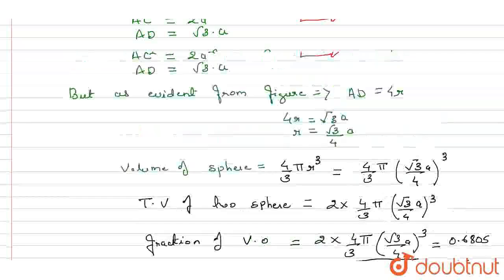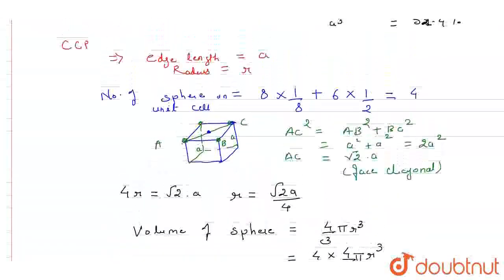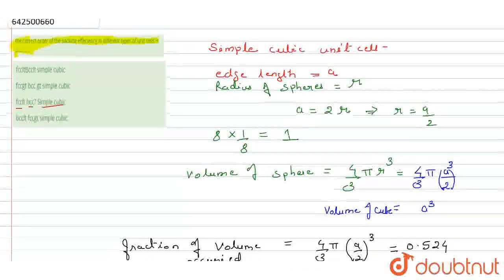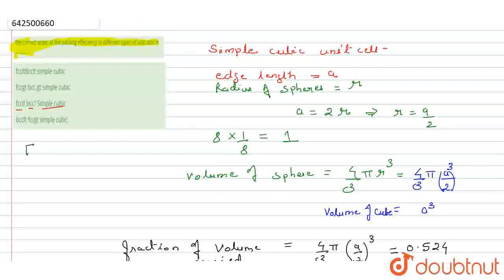Now let's see our options here. In our option, we have the value for FCC is equals to 74%. Then for BCC it is 68%, and for simple cubic it is 52.4%.